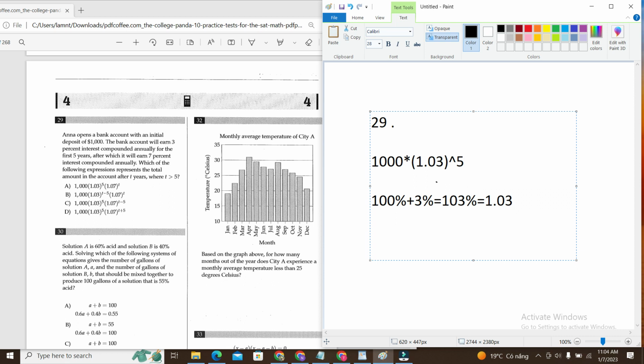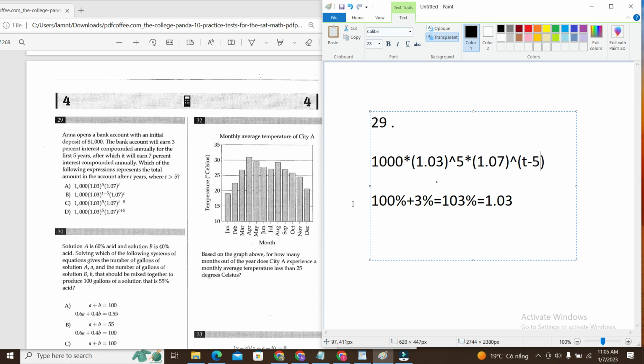After which it will earn 7% interest compounded annually. Which of the following expressions represents the total amount in the account after t years, where t is bigger than 5? So the rest is t minus 5 years. 7% compounded annually is just 1.07, and the rest of the time is t minus 5.